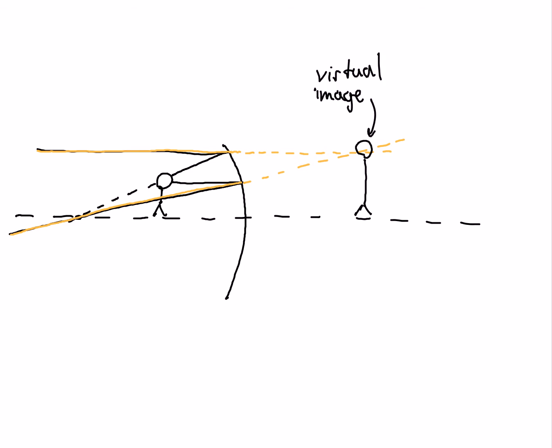And this is a virtual image because the reflected rays are not actually intersecting. It's just their backwards extrapolation. Put another way, the image is behind the mirror. So that's a virtual image. Note that it's not flipped upside down this time, and also note it's magnified, it's bigger.